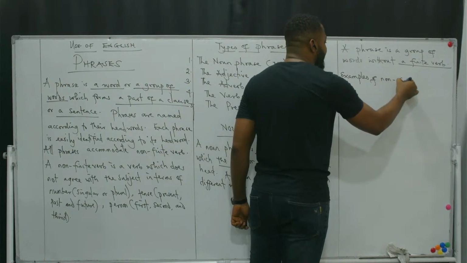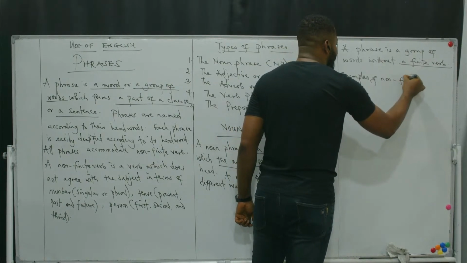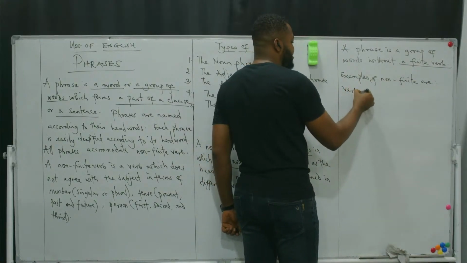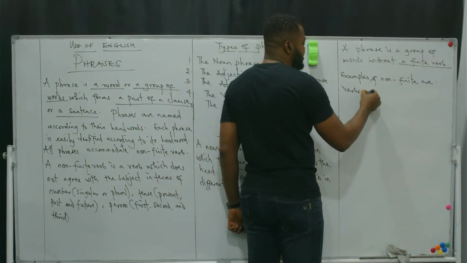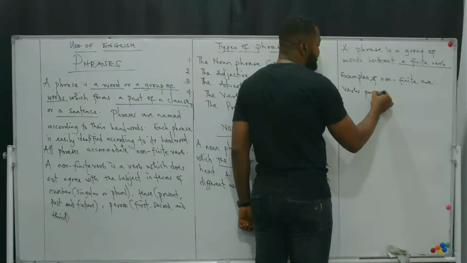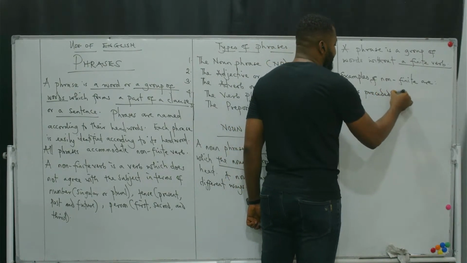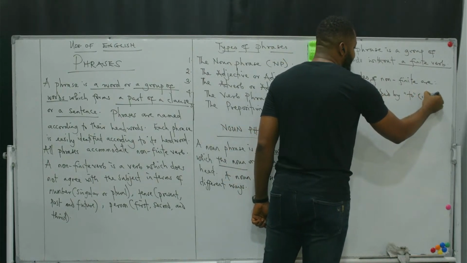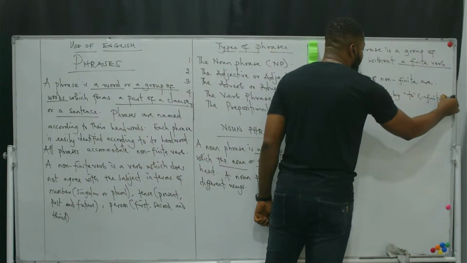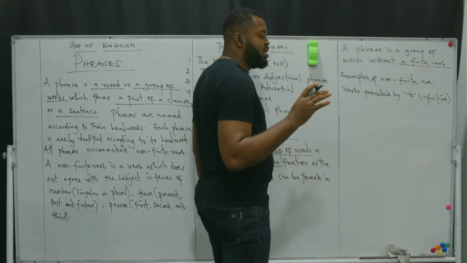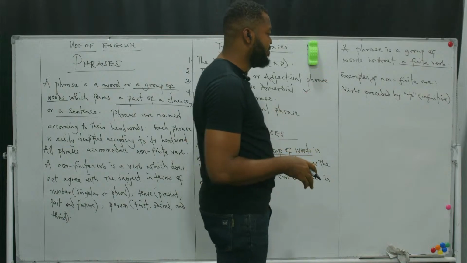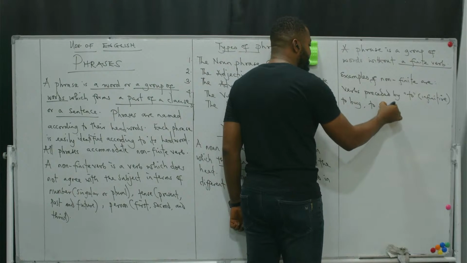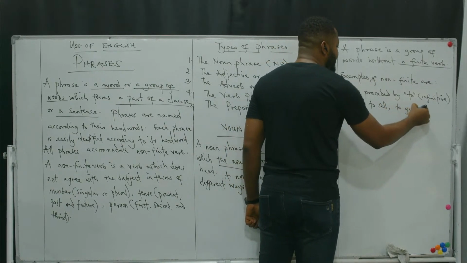But for non-finite verbs, let me give you examples. Non-finite verbs are verbs preceded by to. That's the to infinitive. Any verb that is preceded by to is always seen as a non-finite verb. For example, to buy, to sell, to give, and so on.